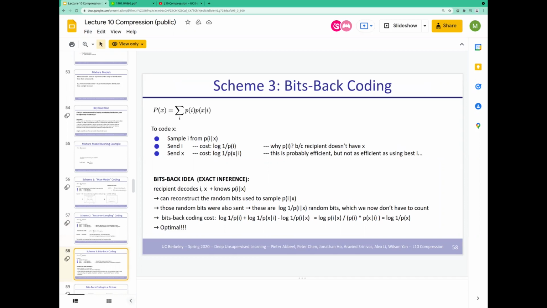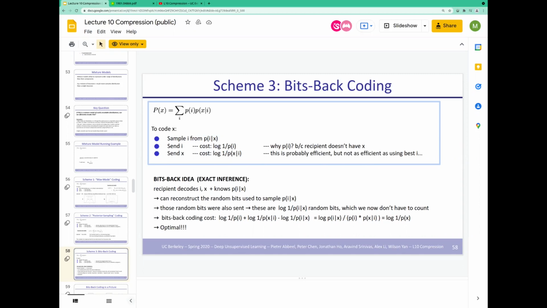So hopefully I can give some idea of it. It's the same thing here. Sample i, same as the previous one, posterior sampling. You just sample i from pi of x, send i, and send x, right? But where's the bits back coming from?